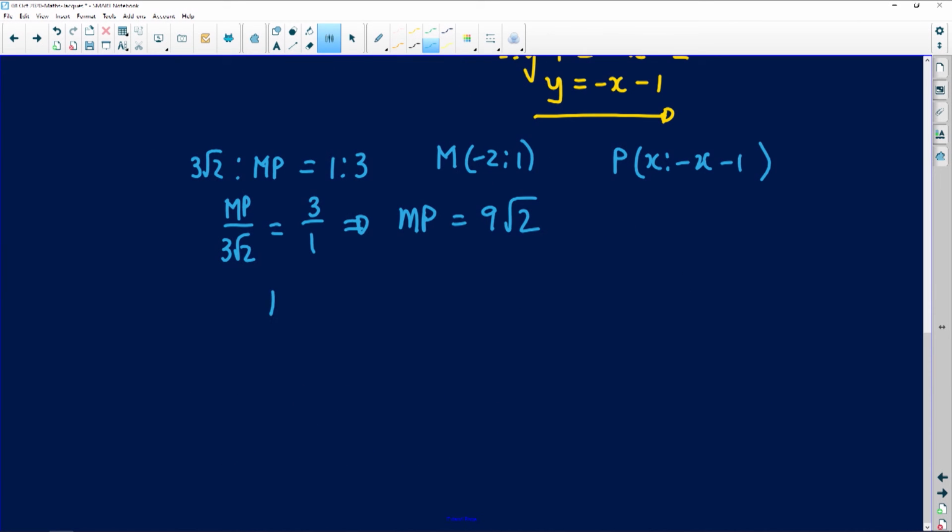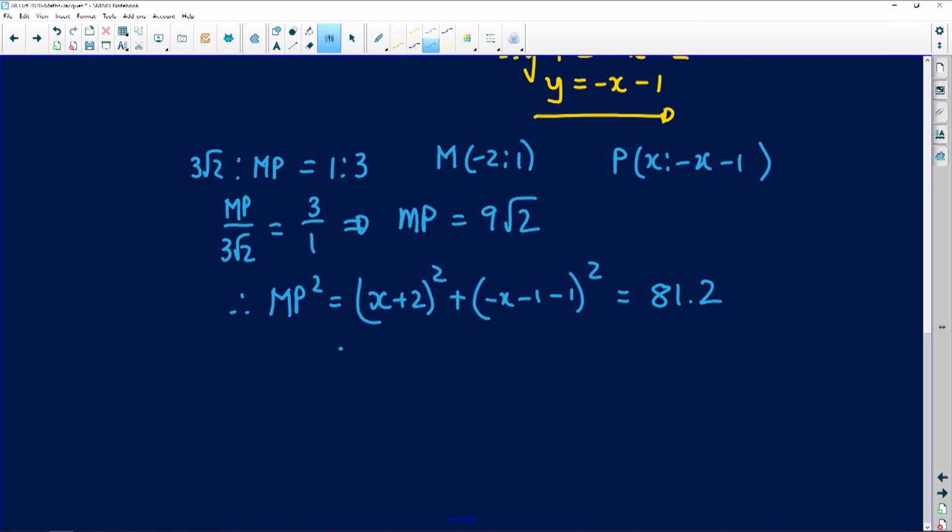I'm going to use the distance formula, so I'm going to say MP squared is equal to (x minus -2), which is x plus 2, all squared, plus (minus x minus 1 minus another 1), all squared. And I know that will be this value squared. So 9 squared is 81 multiplied by 2.